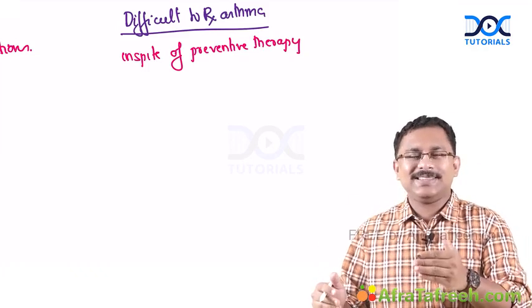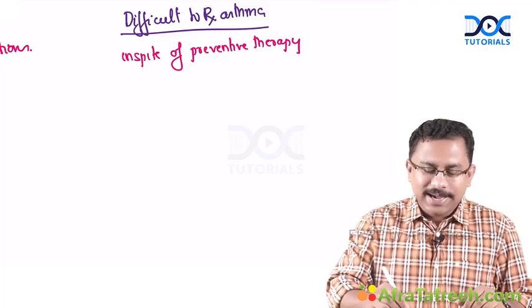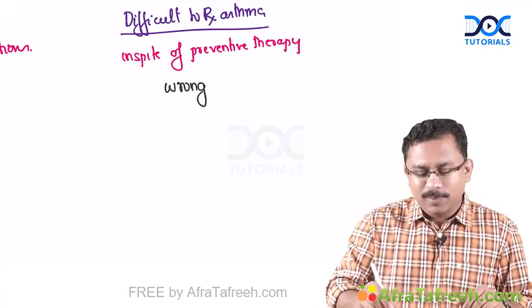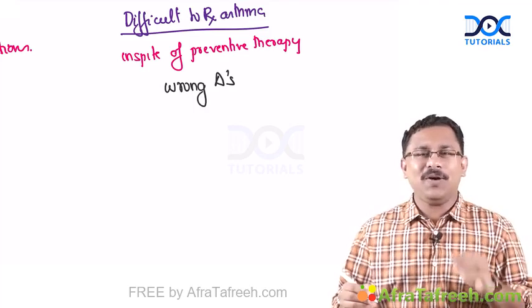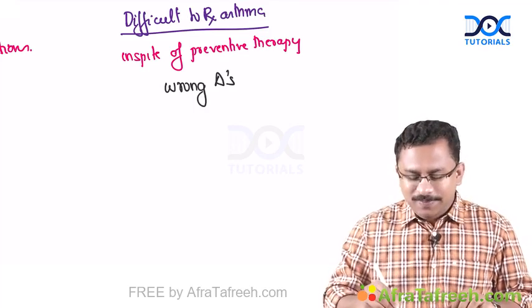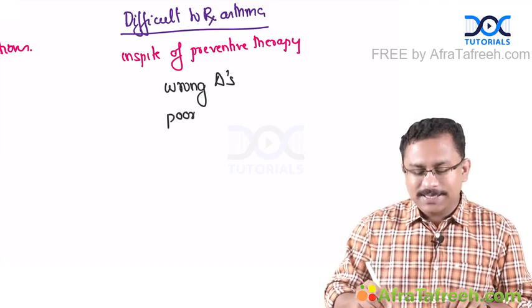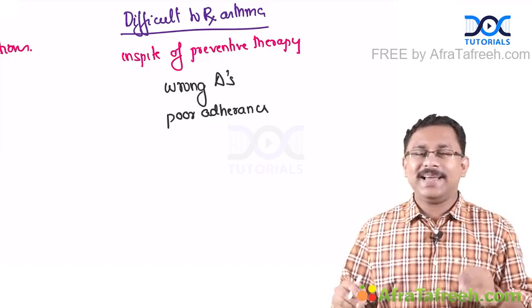Now for this, there may be certain contributory factors. Either the diagnosis may be wrong, because actually his problem might not be bronchial asthma, or you have prescribed the preventive therapy, but the patient's adherence to the medications is very poor. That can be a reason.